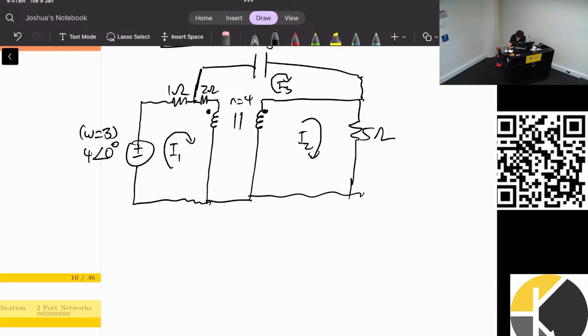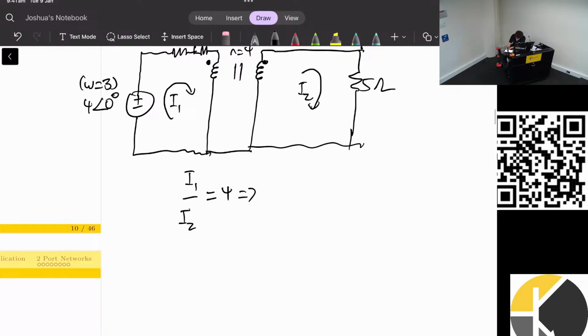Because we have a transformer, we know the relationship between I1 and I2. Let's use dot convention. We have one current entering the dot, one current leaving the dot, which means we get a positive sign, and that's just going to be equal to 4.